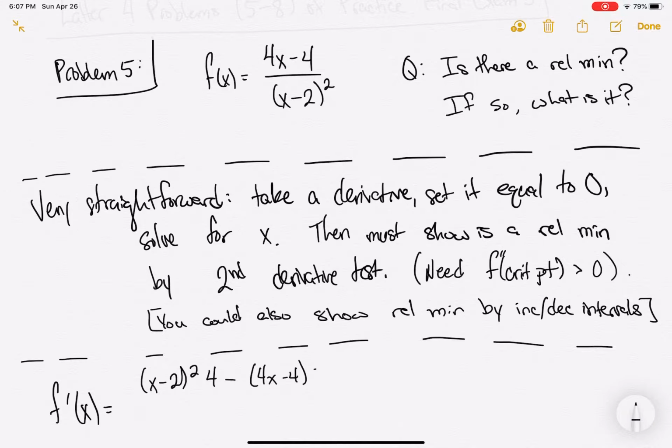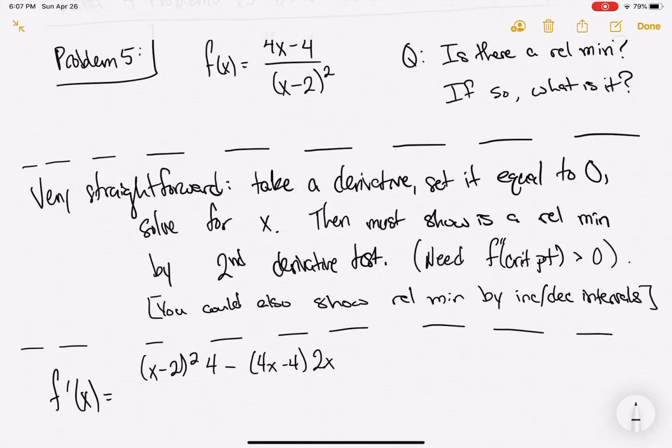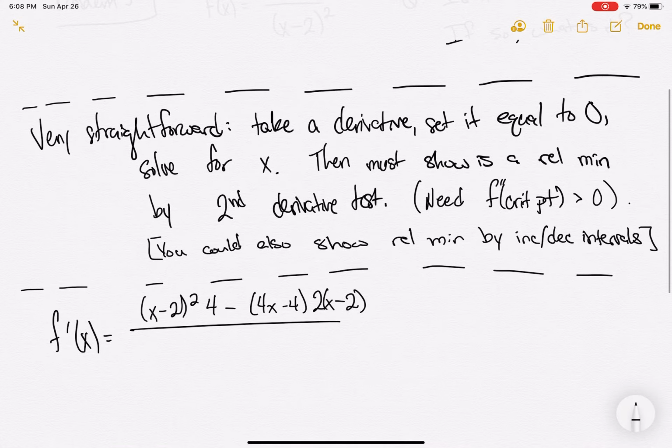D bottom is just going to be 2x. Go ahead and do the chain rule, but you'll notice that multiplying by the derivative of the inside is indeed 1, so it's just 2x, 2x minus 2. So the chain rule is just going to give you a 1 on the inside. Bottom squared, x minus 2 to the 4th power.